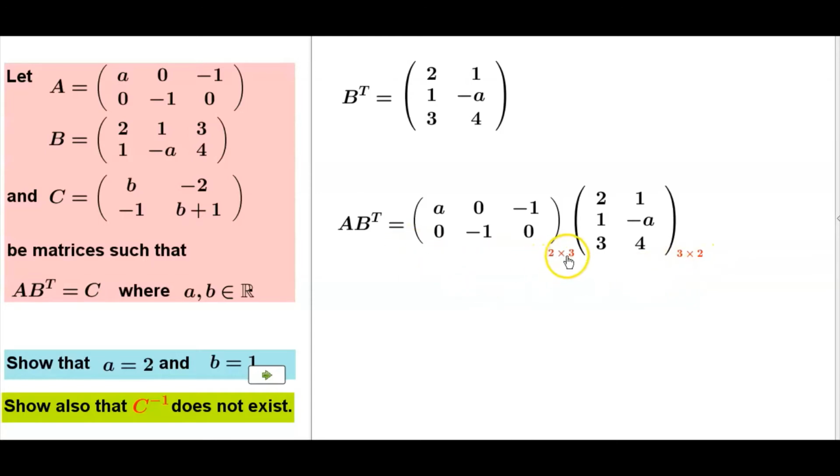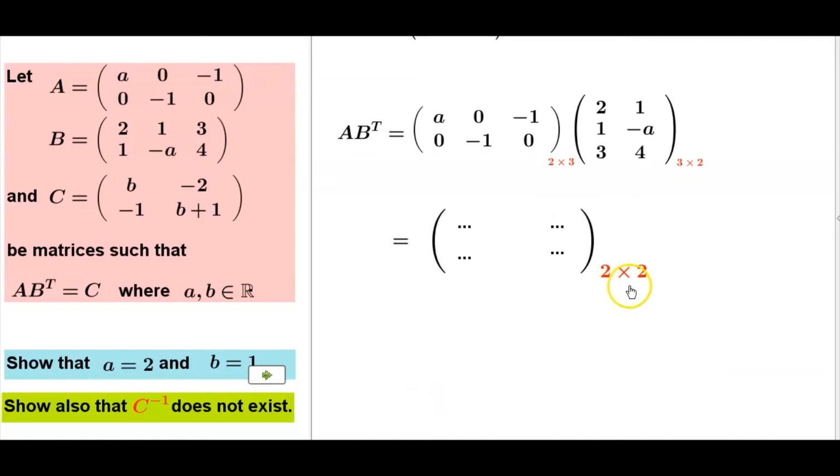When multiplied, the order of the result is 2 by 2. This has 4 elements. Now we will calculate each element.